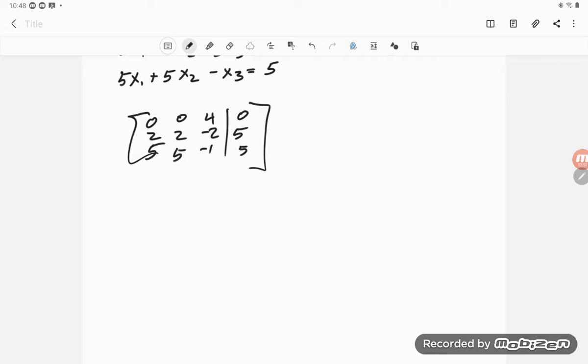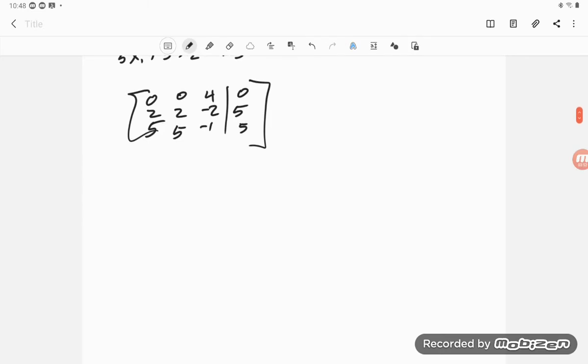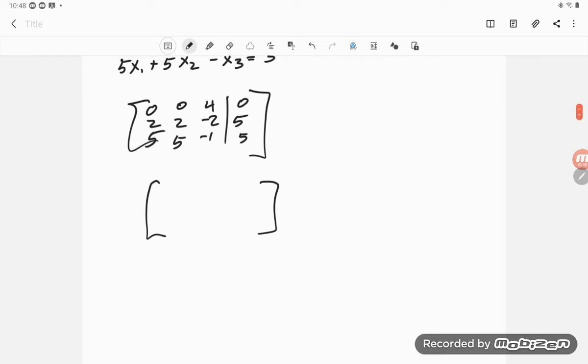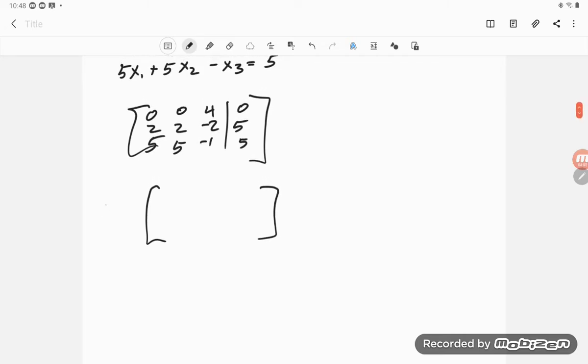Now, in their work, they rewrite this swapping row 1 and row 2. They say row 1 double arrow row 2. I think to be clear, you might want to do the same sort of thing up here.